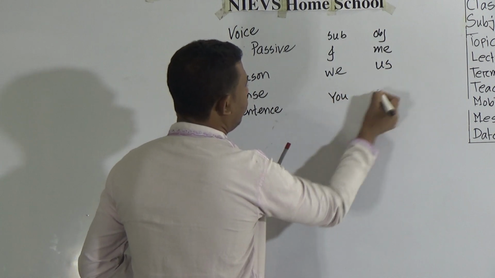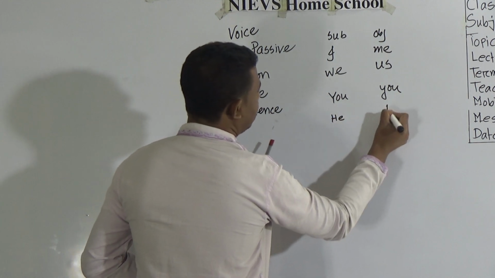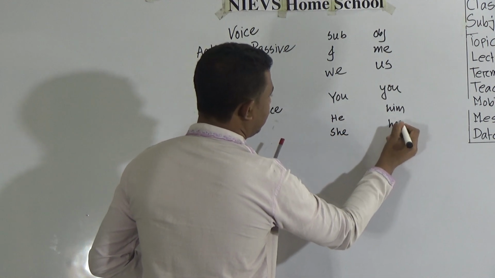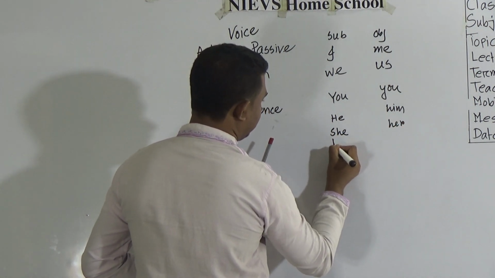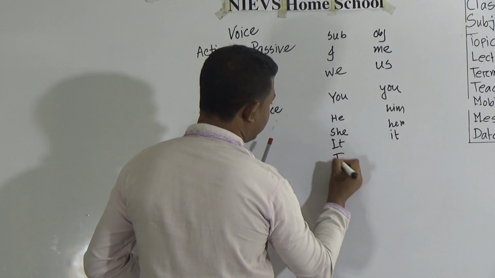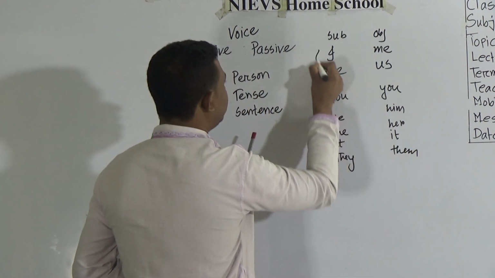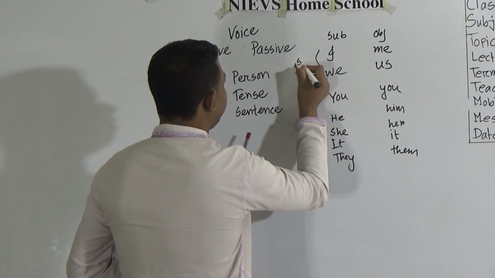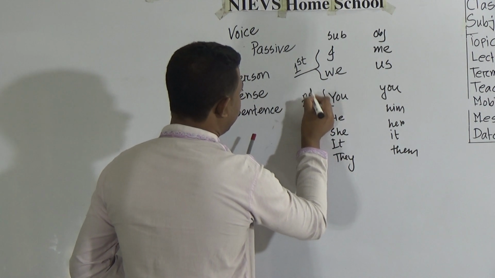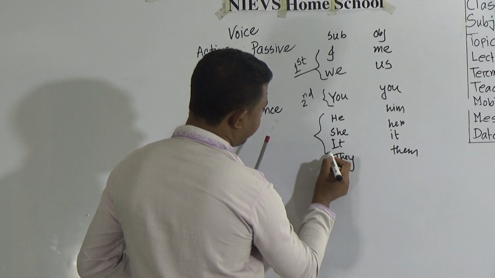Then you, then he, him, she, her, it, they. Dear students, these two are first person. You is only second person, and he, she, it, and any name.